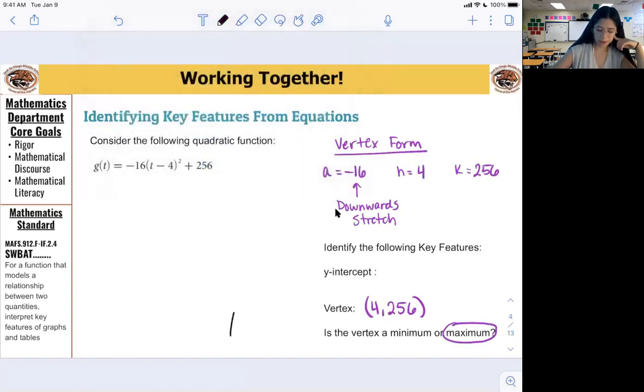So this one, we know it's downwards. So wherever the vertex, this is 4, 256, that's a maximum value because it's at the top. But we don't know the y-intercept at this point, but we can figure it out. How would I figure out the value of the y-intercept?